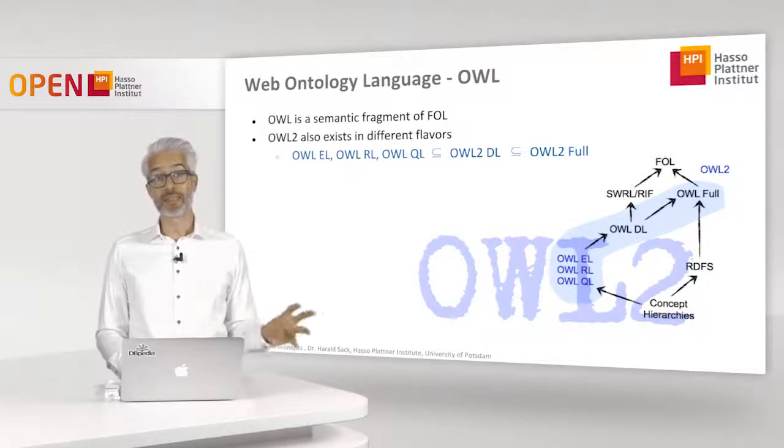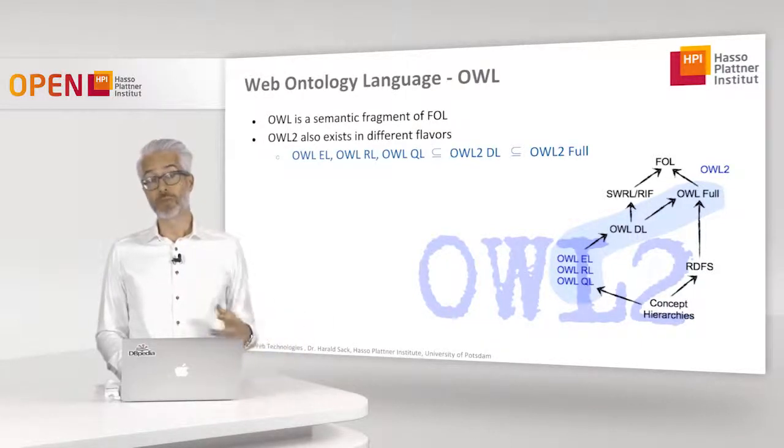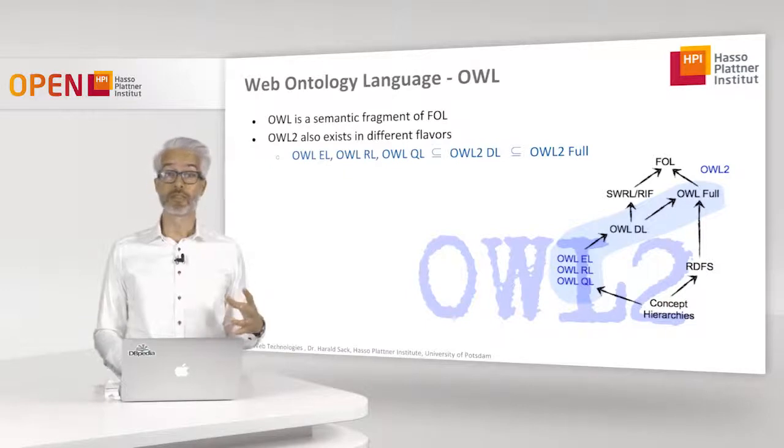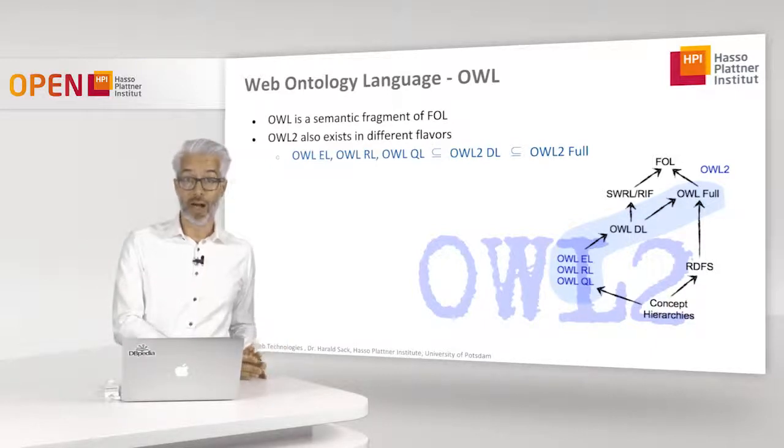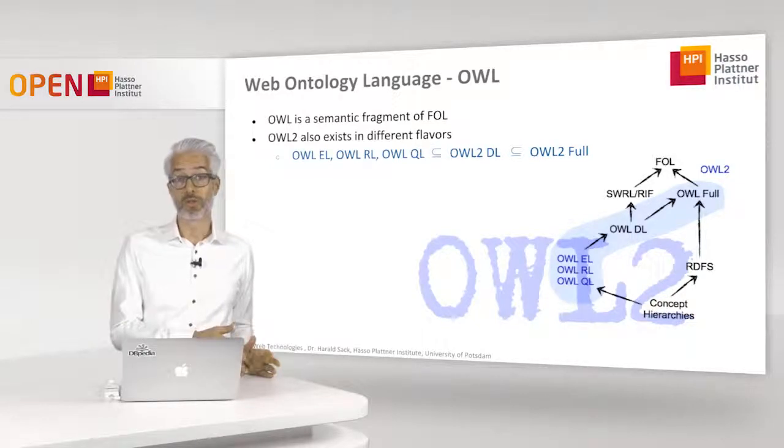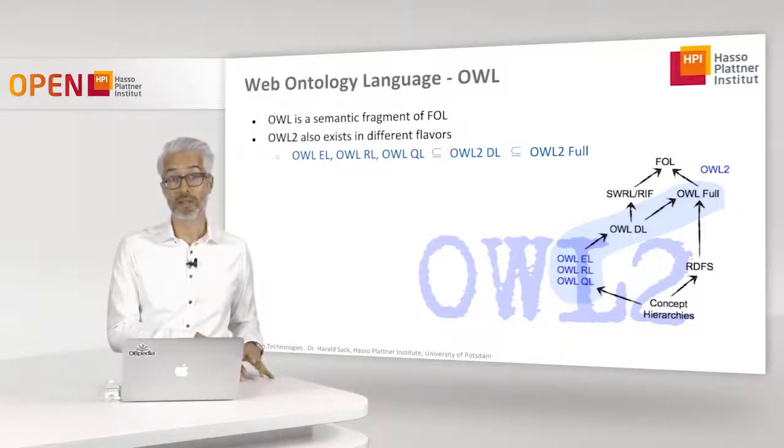These versions, EL, RL, and QL, have been defined for legacy reasons, and also because the complexity of some of the reasoning tasks for these simpler versions of OWL is lower. So they are even sub-polynomial or polynomial. So this is rather fast.